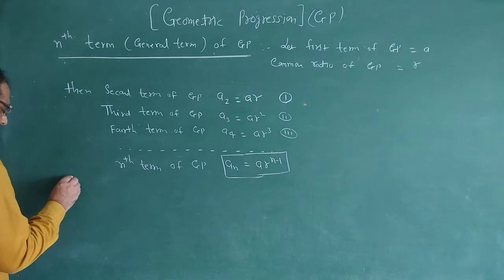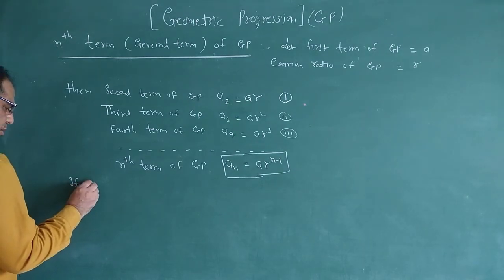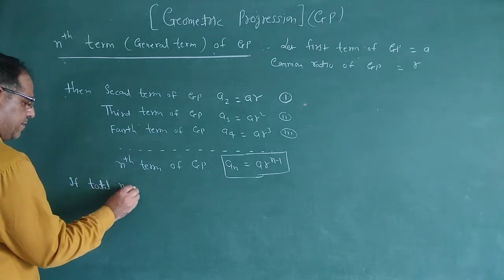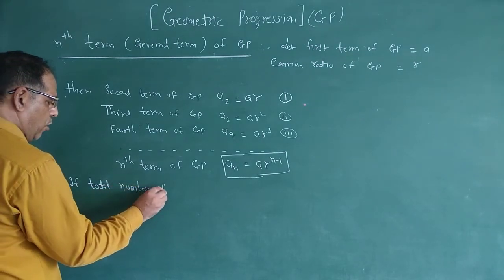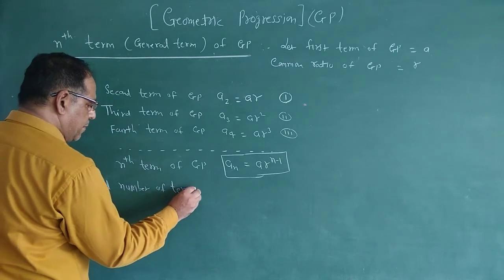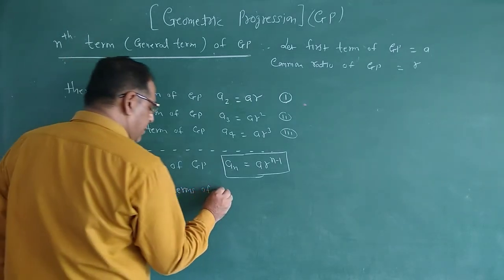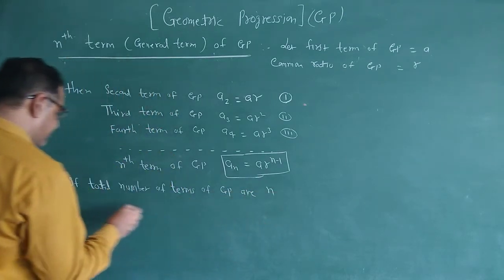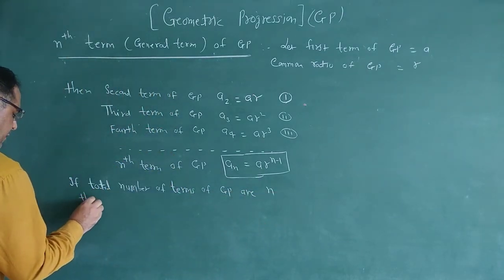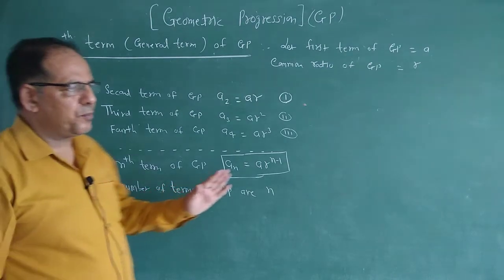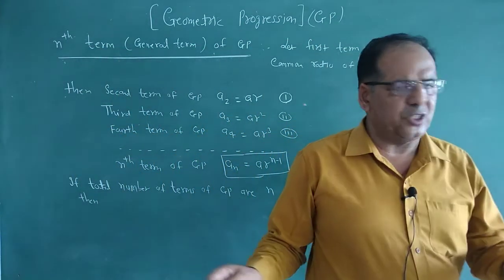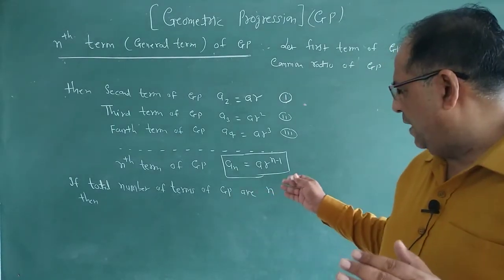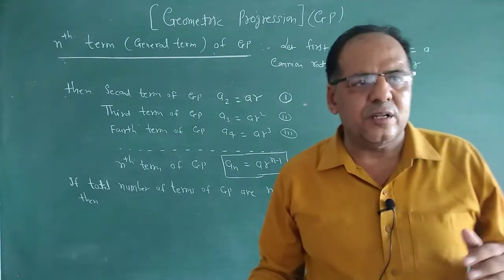If the total number of terms of GP are n, then the value of the nth term is also called the last term.